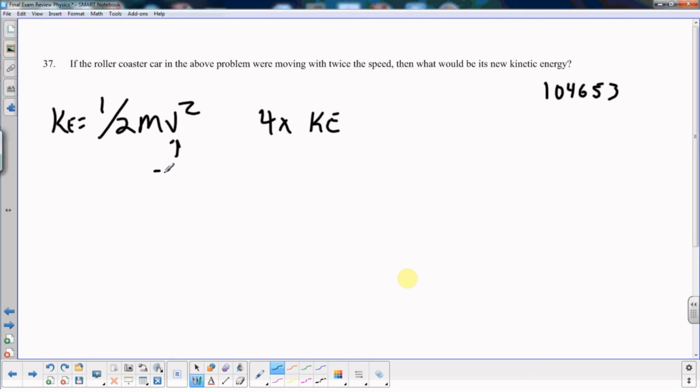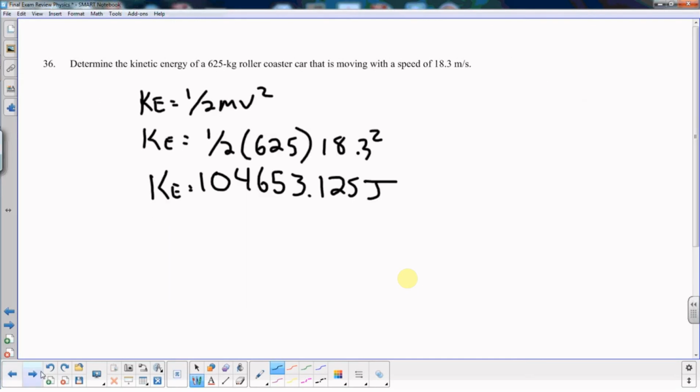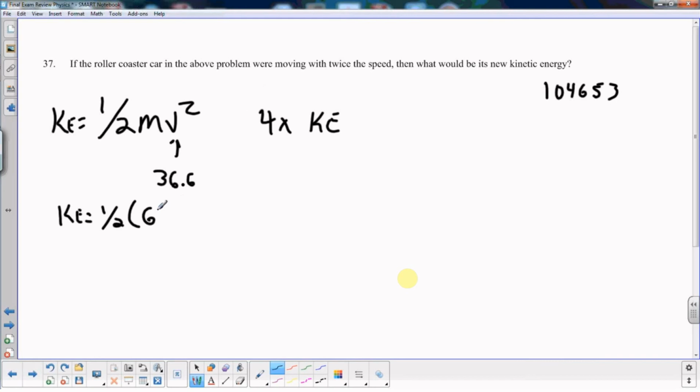So KE equals 1/2 m, for 625, times 36.6 squared. 0.5 times 625 times 36.6 squared.